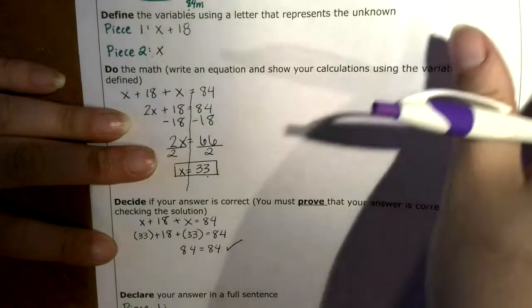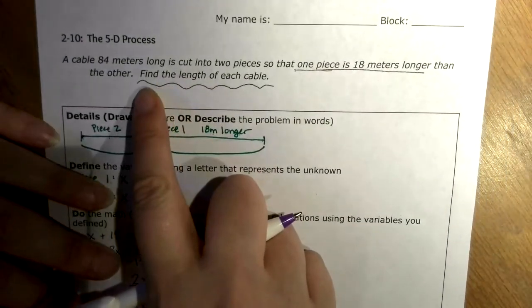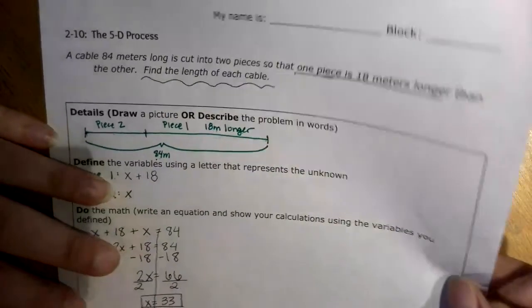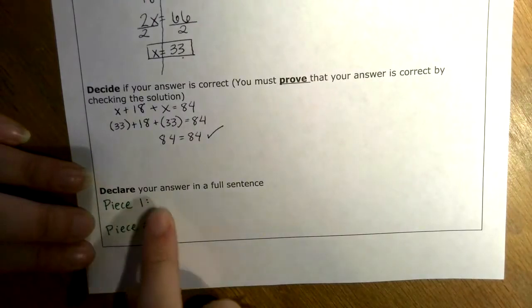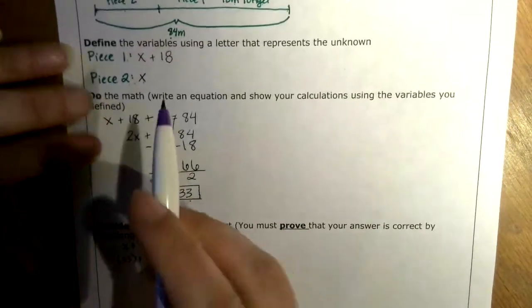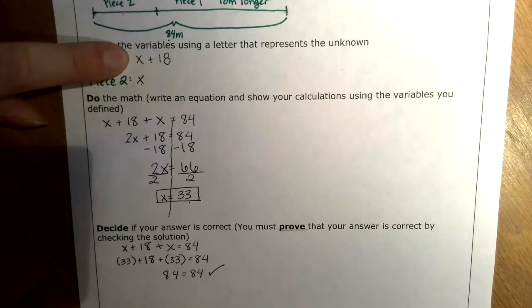All right, for the last piece, we are declaring our answer. So we need to look back up at the top and see, okay, what is it asking us? It's asking us to find the length of each cable. So down at the bottom, I've already put in piece 1 and piece 2 because I know I need to state what each of those is worth. And to figure this out, I'm going to use this define section. So for piece 1, I can see that it's x plus 18.